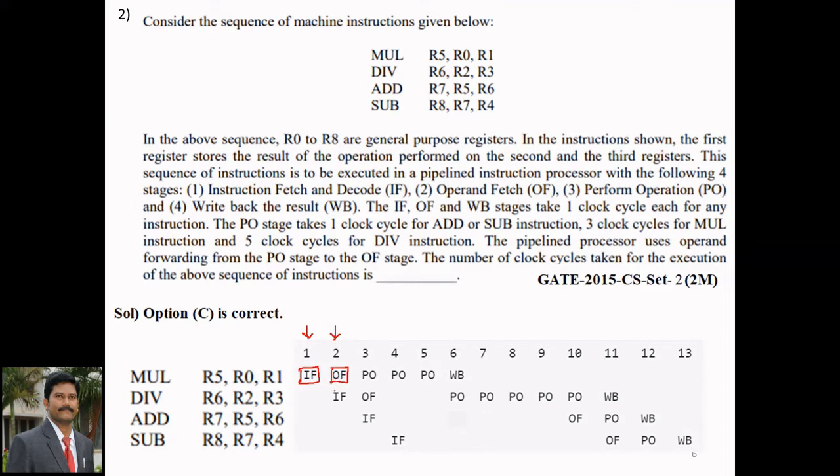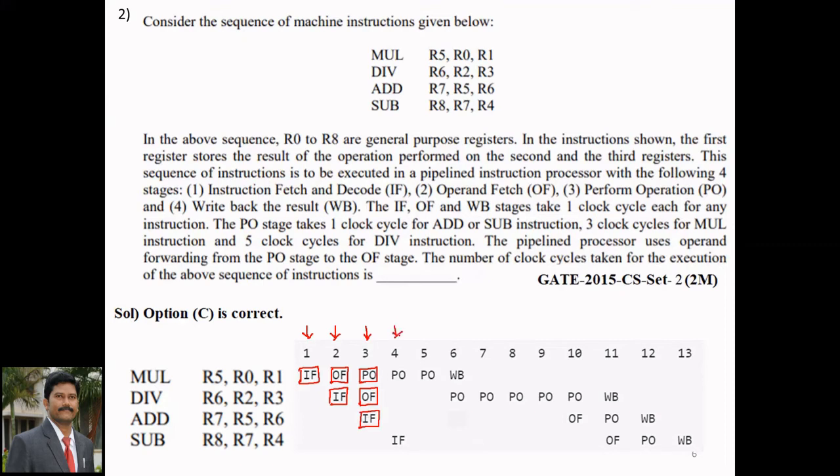At the same time, IF is free, so the division instruction enters. At clock cycle 3, the multiplication instruction enters the perform operation stage. At the same time, OF is free, so the division instruction's operands are fetched here, and IF is free, so the add instruction enters the pipeline.